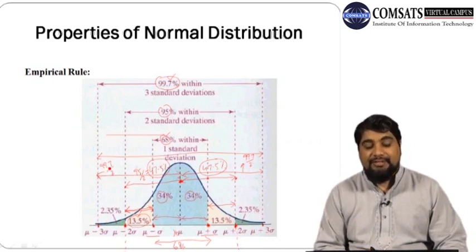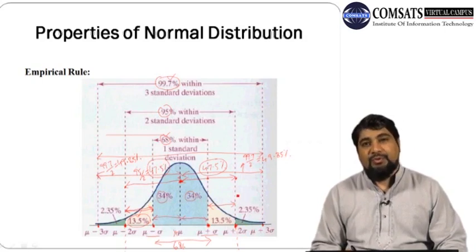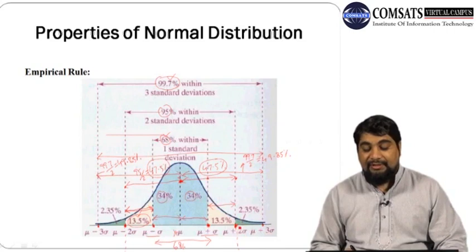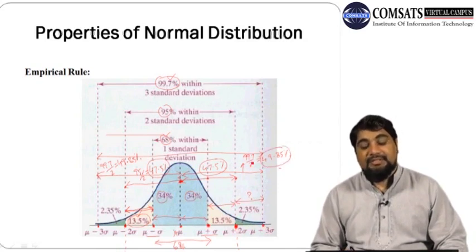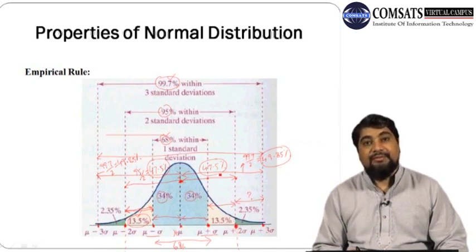Okay, so the area between mu minus 3 sigma and mu is half of 99.7%. So this is 49.85%, and similarly this is also equal to 49.85%. Now suppose we want to find the area between mu plus 2 sigma and mu plus 3 sigma. We know that the area between mu and mu plus 3 sigma is 49.85%, and the area between mu and mu plus 2 sigma is 47.5%.